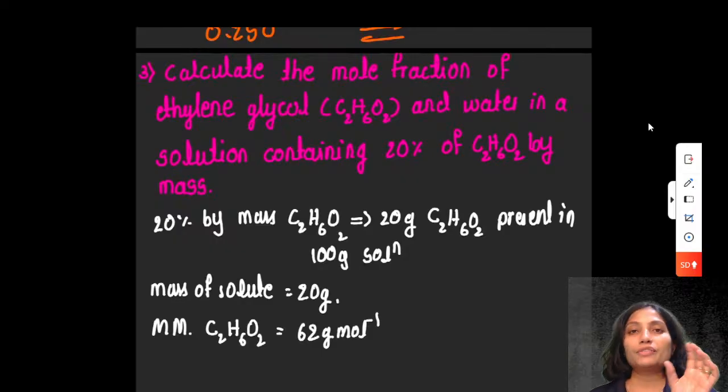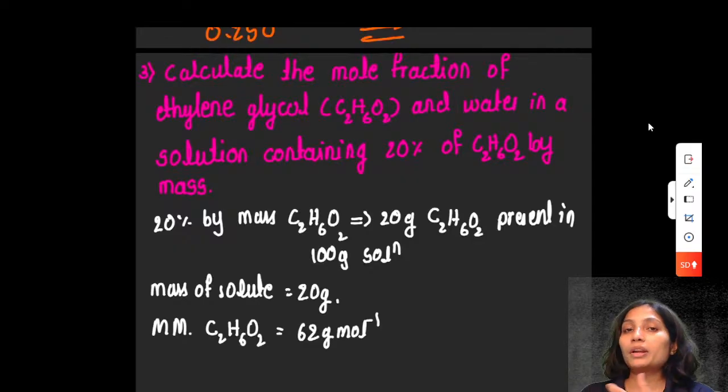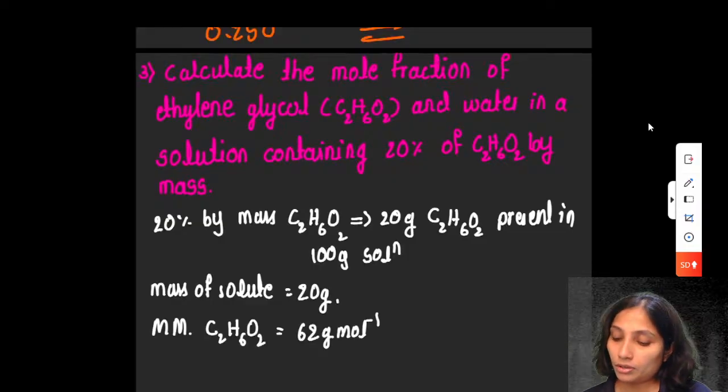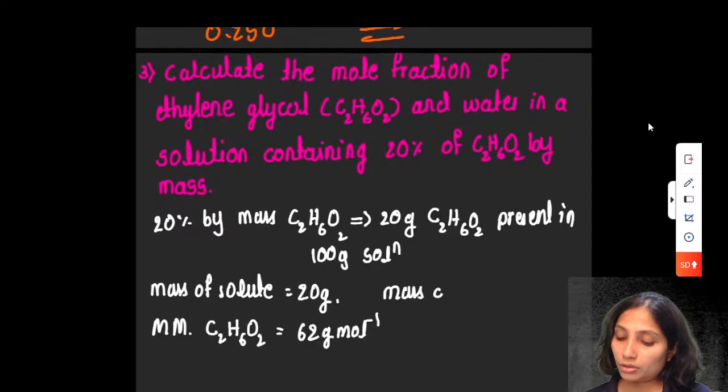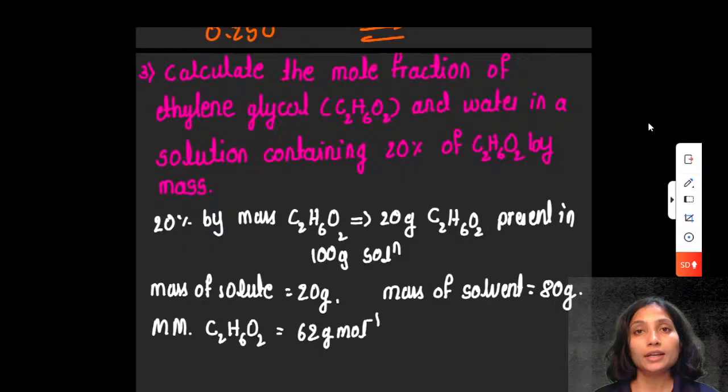Mass of solute is 20 gram. Mass of solution is 100 gram. What about mass of solvent? Mass of solvent should be 80 gram, because 80 plus 20 gives 100 gram solution.